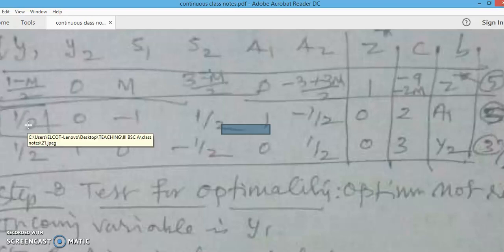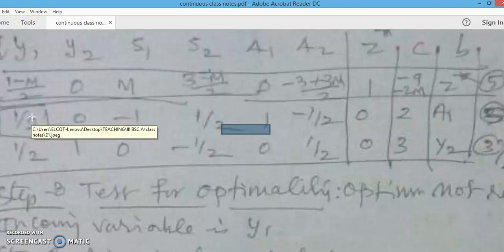Now our next table is this, you have to make it 1, and then you make this 0, and this 0. To make this one, multiply by 2. So you do all these things, that is the next row. So that is the outgoing variable row.